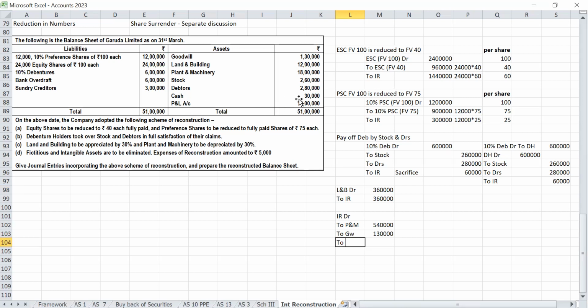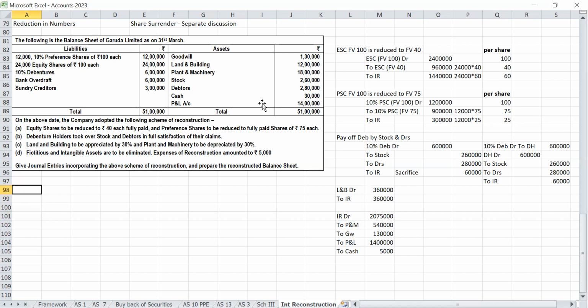P&L account 14 lakhs. P&L account means accumulated loss, to cash 5,000, or a separate entry if you want, that can also be passed. Total debit 20,75,000. Yes, sir.